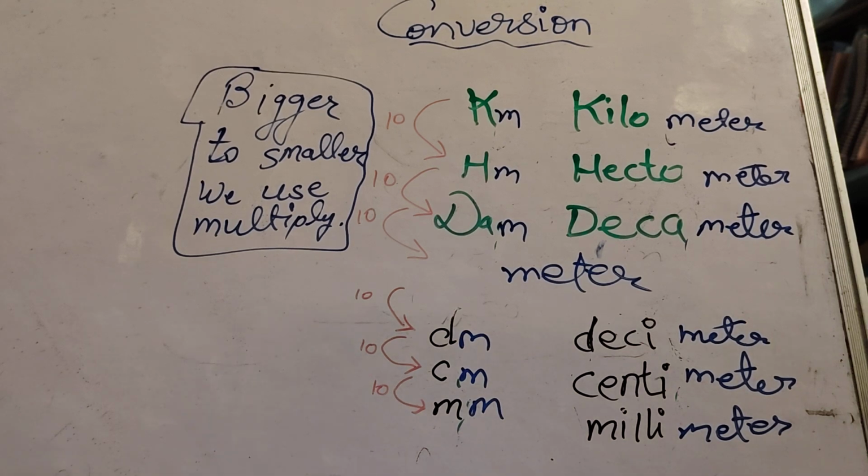Correct. 1 meter equal to how many centimeter? 100. 1 meter equal to how many millimeter? Is it decimeter? Yes. Now you can repeat the whole summary. You can tell me about this.